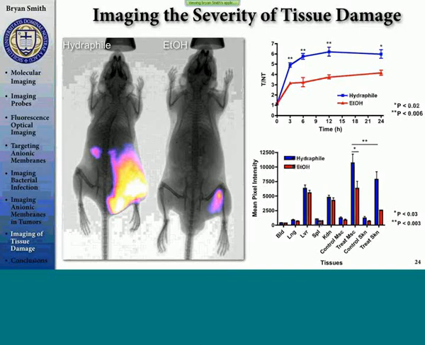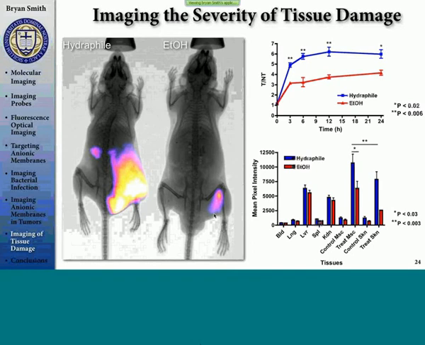And you can see the high fluorescence intensity from our probe coming in the hydrophile, and also in the ethanol, except these fluorescence intensities are not quite as high as they are with the hydrophile. And this can be shown in a 3D surface plot. We see that the fluorescence intensities are much higher, as depicted along the z-axis, than with the ethanol.